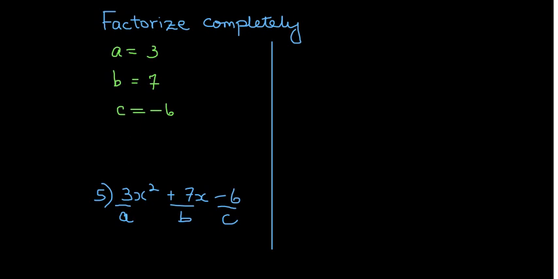Oh, lovely. So, next part, we would ask ourselves to do this. Find the product of a by c. So a times c is minus 18, yes? How many people have ac as minus 18?